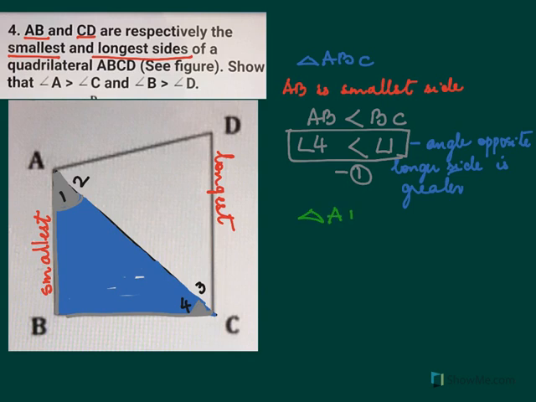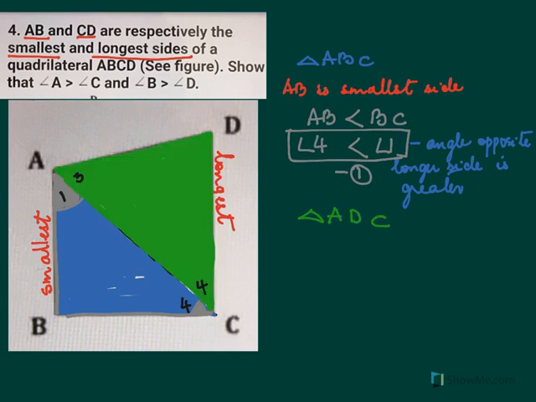Go to triangle ADC. Now in ADC, it's given to us that DC is the longest side. So no other side is longer than DC.